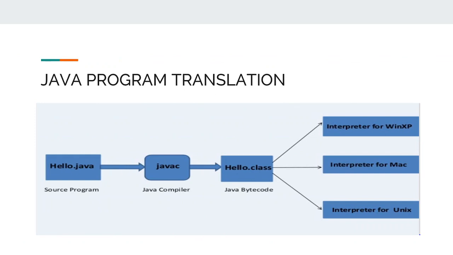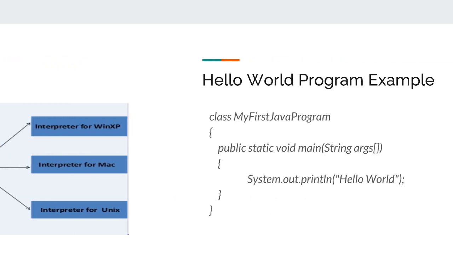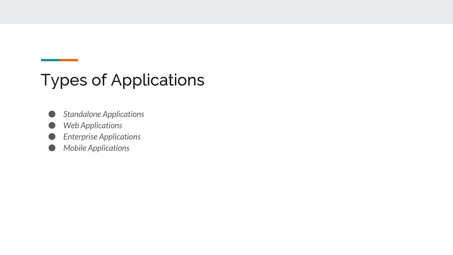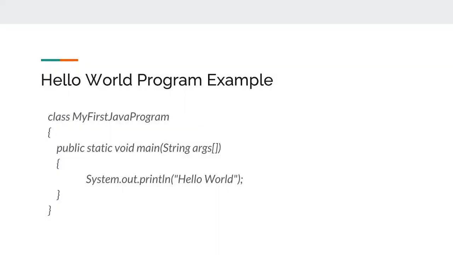Now, in this picture, suppose we have written a program in Java. Let us take this example. We have written this code and saved it, and to save a Java program, we need to save it as a .java file.